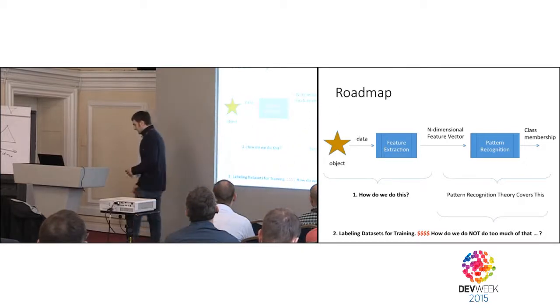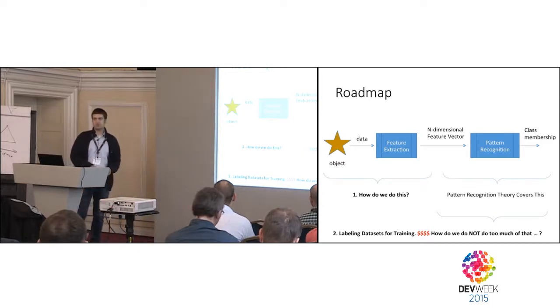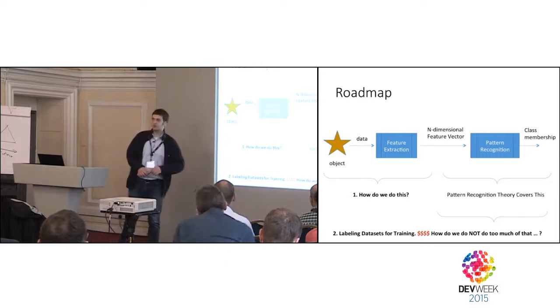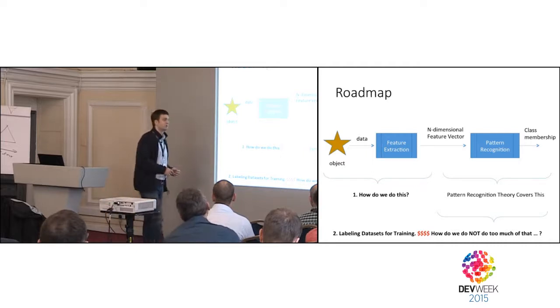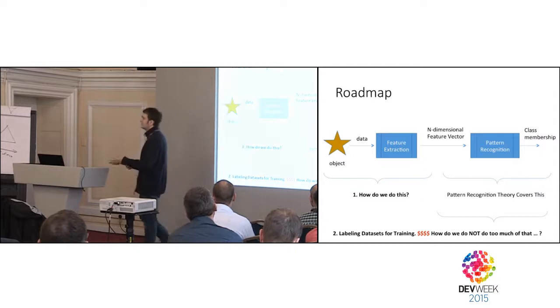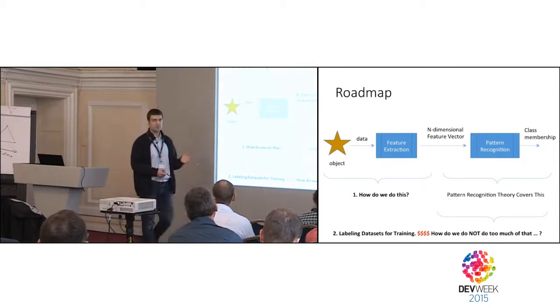Because we humans don't have that many labels coming to our mind when we learn something. Usually we just look at various objects and we start to recognize one object from another even if we don't know which class it belongs to.